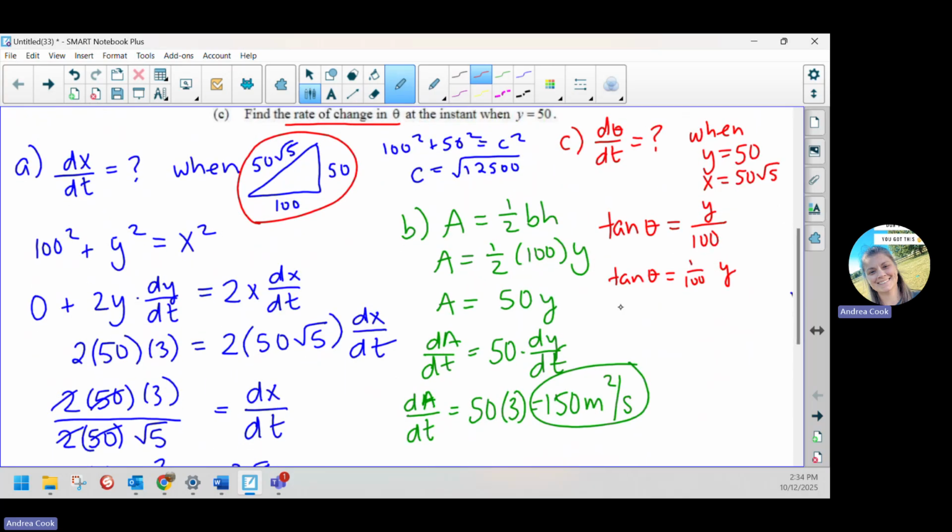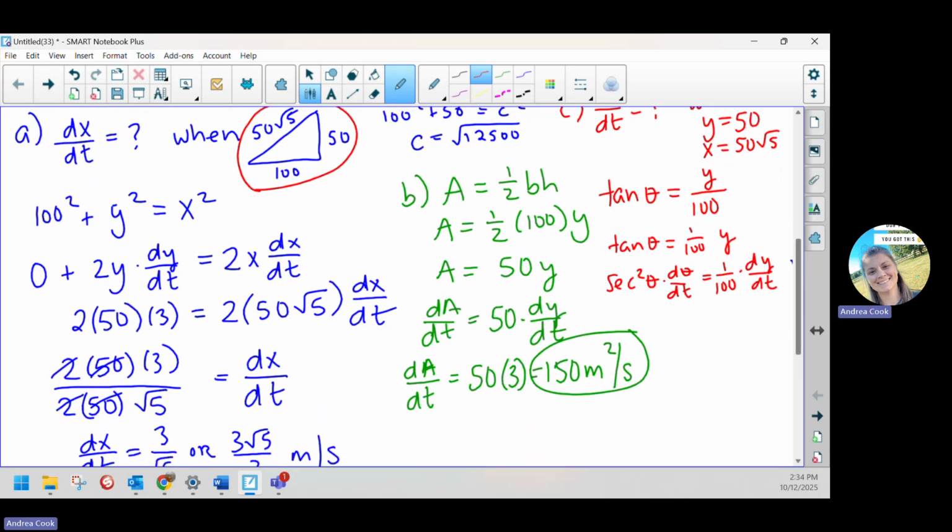So the derivative of tangent is secant squared theta times the rate of change in theta. The derivative of 1 over 100 times y is 1 over 100 times the rate of change in y. And so now we're going to be plugging in for secant theta squared.